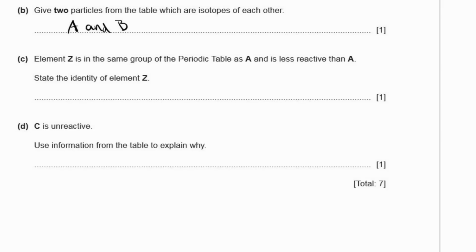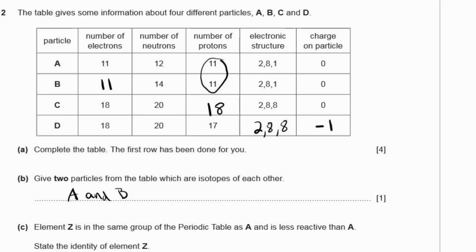C, element Z is in the same group of the periodic table as A and is less reactive than A. State the identity of element Z. Okay, first of all, we have to look at where element A is. Element A has 11 protons. And also if you look at the electronic structure, 2, 8, 1, that means there's only 1 electron in the outer shell.